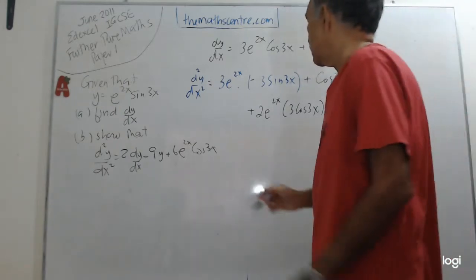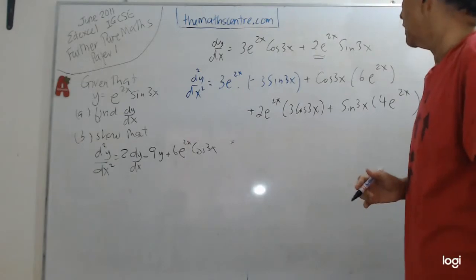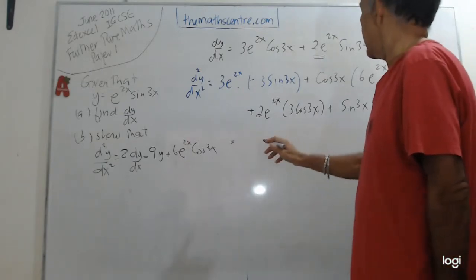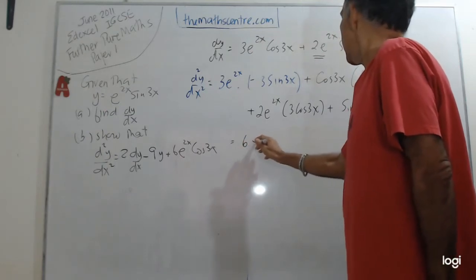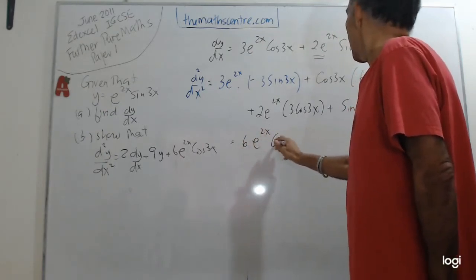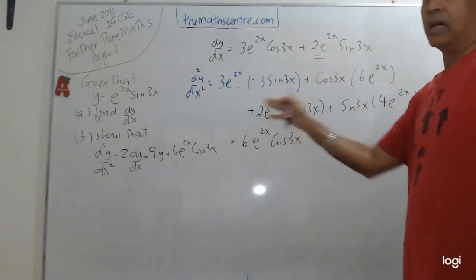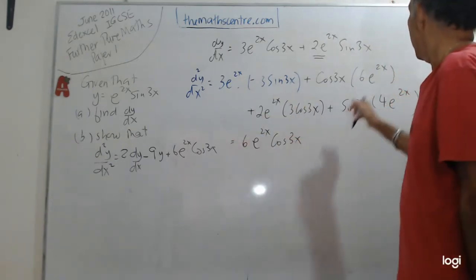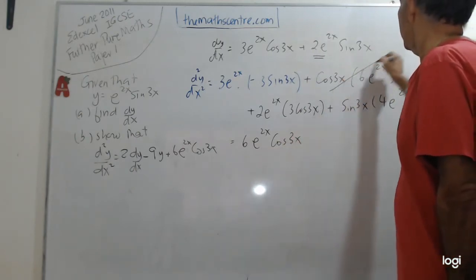So now we need to write our answers down, more presentably, so that we can sort out the algebra. Let me write 6e to the power of 2x cos 3x. Why am I starting there? Because I'm keeping an eye on the final answer. So I've taken care of this.